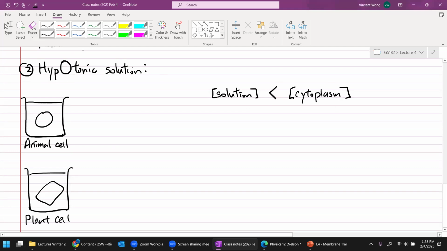When someone has hypothermia, their body temperature is too low. So hypotonic means the solution concentration is lower than the cell's. I'm going to use these purple dots again, red dots, whatever, it's up to you. Not a lot on the outside, but a lot on the inside.